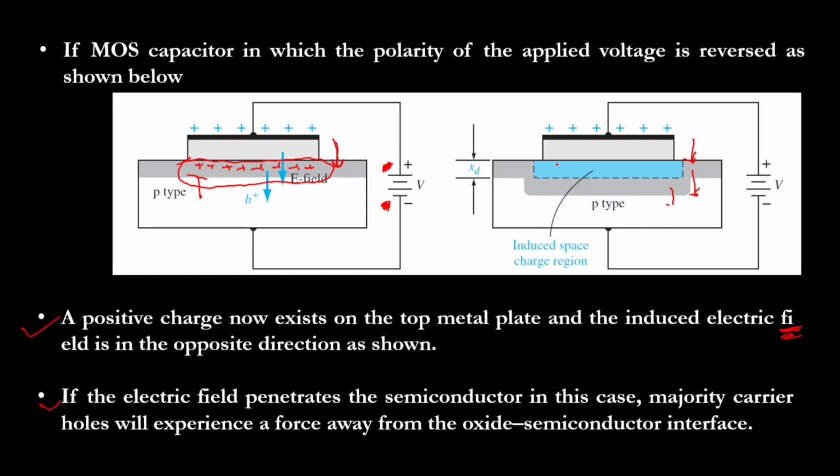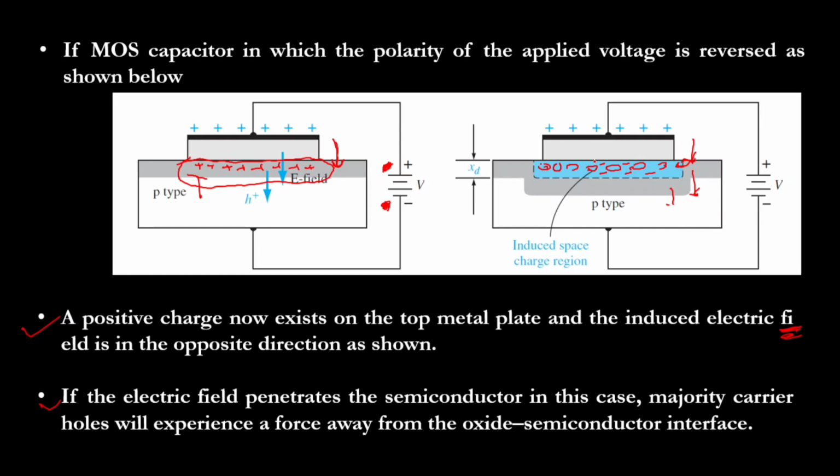The negative ions give a negative charge at the bottom plate of the MOS capacitor. That will act as a negative charge on the bottom plate of the capacitor. So in this region the negative charge is not because of electrons, it is because of ions.